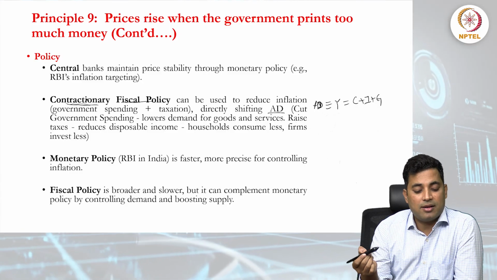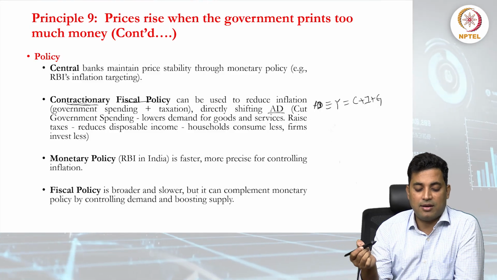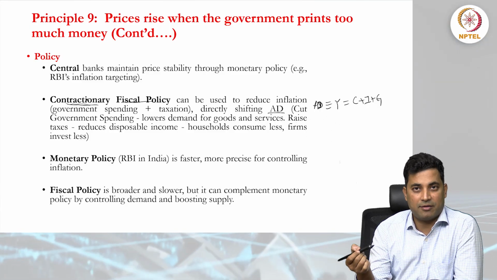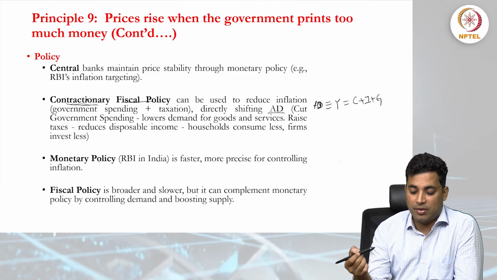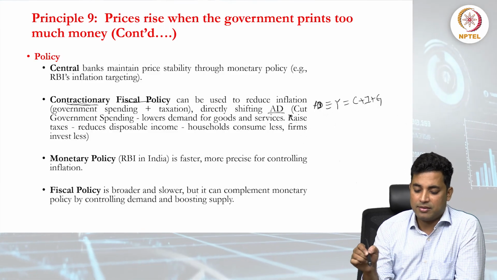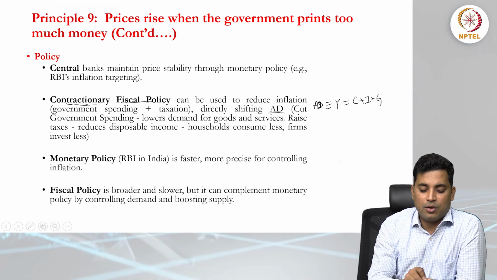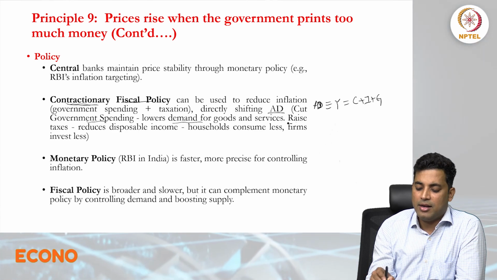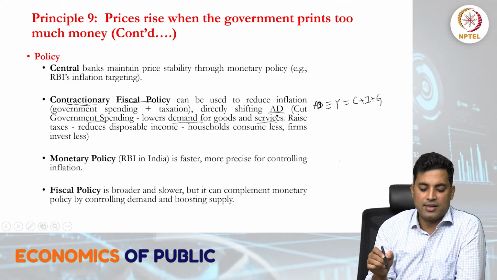What does contractionary fiscal policy mean? It means reducing government expenditures and also increasing taxes. When this happens, cutting government expenditure lowers the aggregate demand for goods and services.